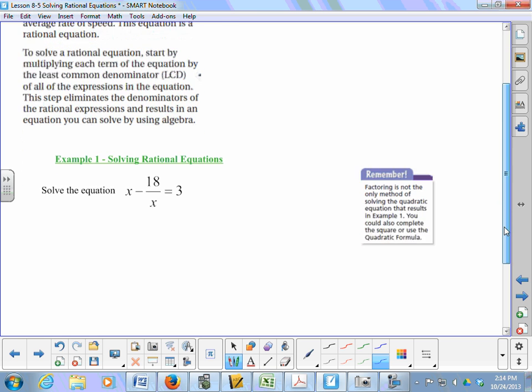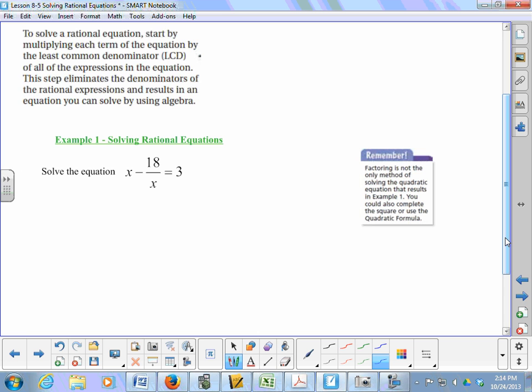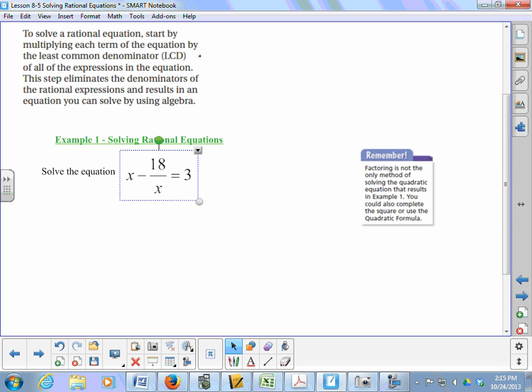So to get rid of the fractions, we're going to multiply by the least common denominator. We're going to do something to both sides of our equal sign to be able to get rid of them. When you look at these equations that have denominators, what you want to look at is the common denominator, or the least common denominator. In this case, how many different denominators do I have?